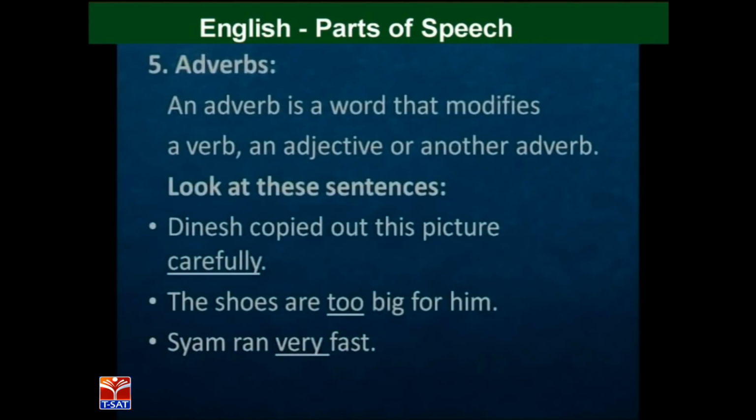See, these are the examples. Carefully. Dinesh copied the picture carefully. So, carefully అనే పదం copied అనేటువంటి వెర్బ్ను విశేషించి చెప్తుంది. ఆ రెండవ సెంటెన్స్ చూడండి. The shoes are too big for him.